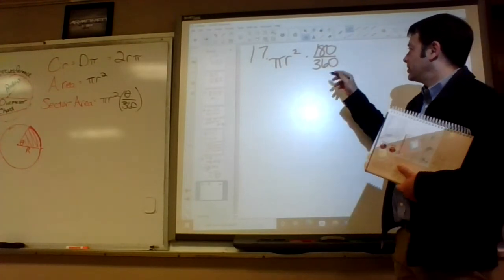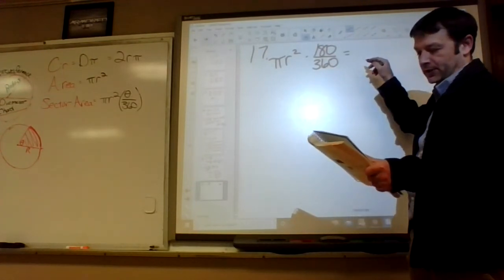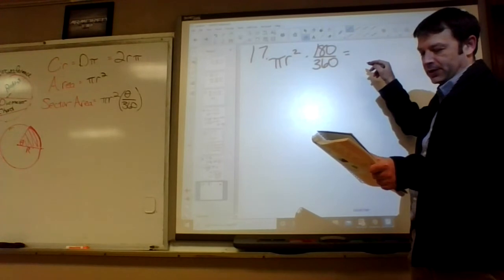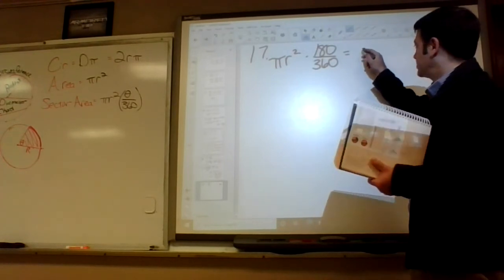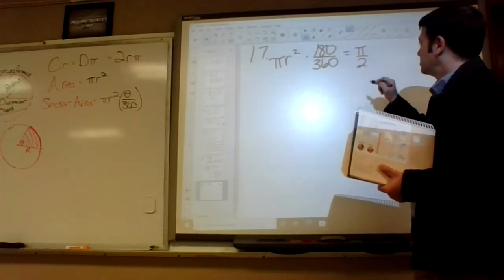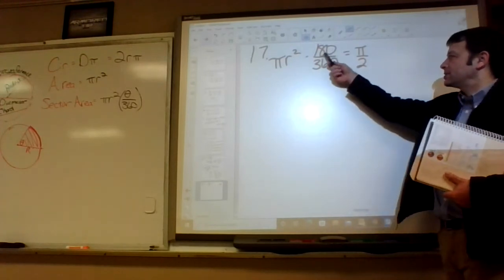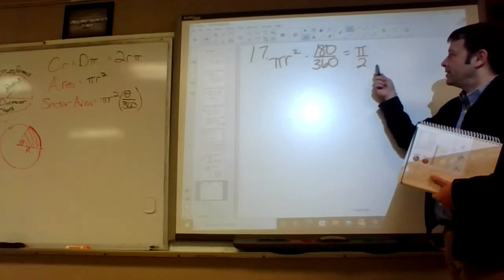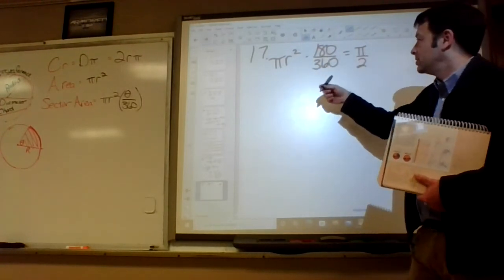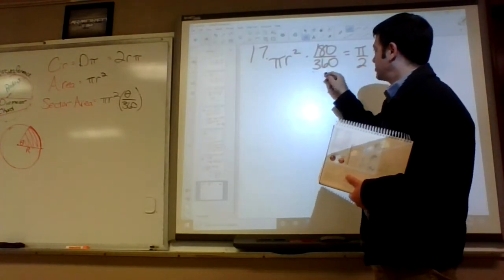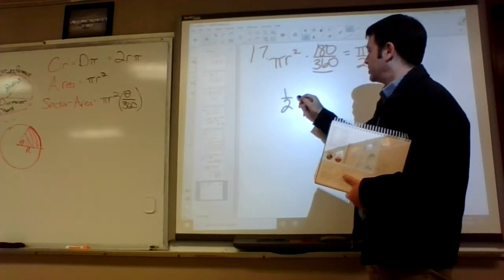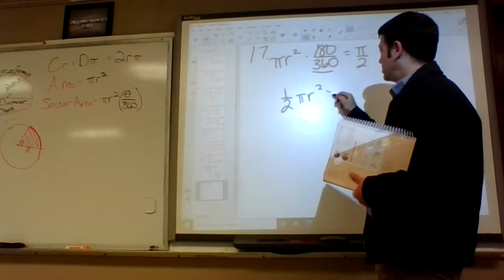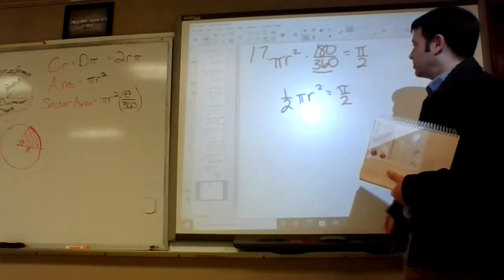So I'll simplify that in a second. And that's supposed to equal the sector area, which is pi over 2. That's what the book told us. The book gave us theta, the book gave us the area. They didn't give us the radius. So this simplifies to 1 over 2, so I could rewrite this as 1/2 pi r squared equals pi over 2.